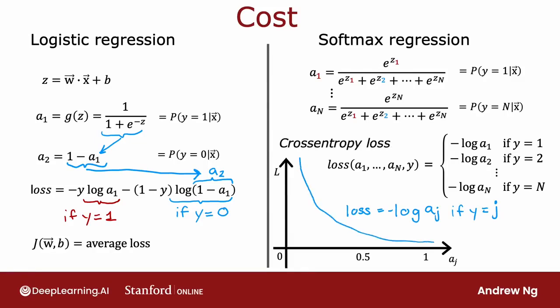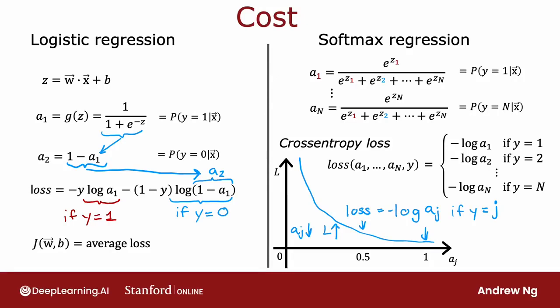Negative log of aj is a curve that looks like this. If aj was very close to 1, then you'd be on this part of the curve and the loss would be very small. But if it thought aj had only a 50% chance, then the loss gets a little bit bigger. And the smaller aj is, the bigger the loss.